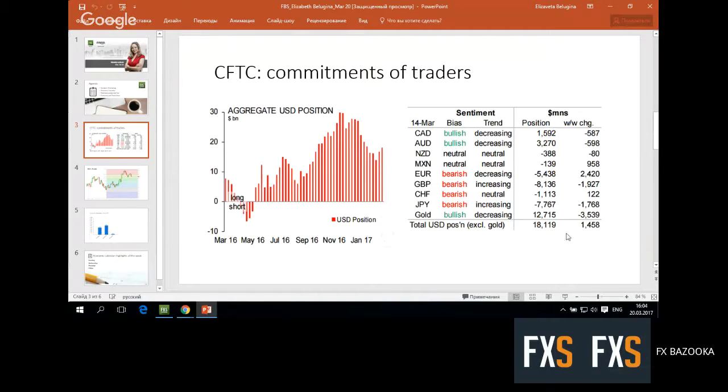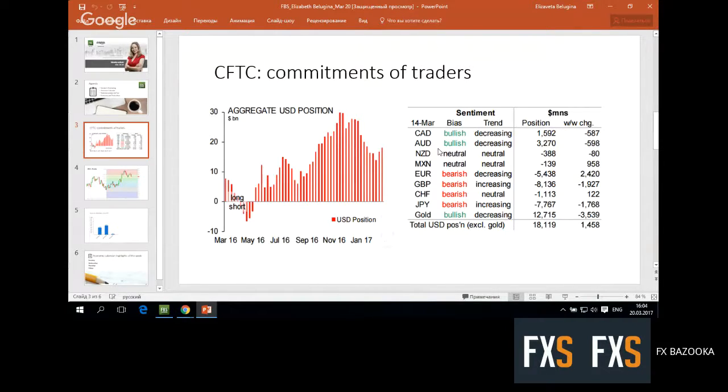And the Japanese yen also has a big net bearish position, and like the British pound, here we see an increase in this bearish position during the week we are reviewing.